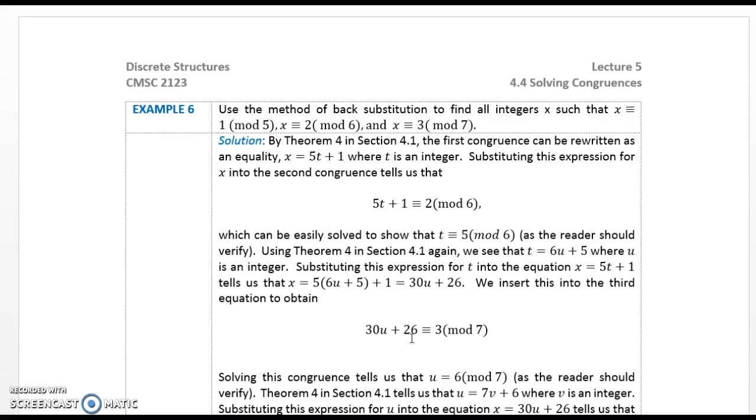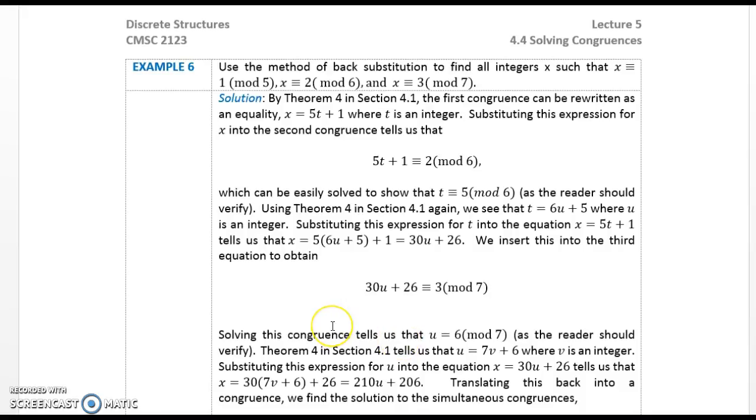X is equal to 5t plus 1, where t is an integer. Substituting this expression into the second congruence tells us that 5t plus 1 is congruent to 2 mod 6, which can easily be solved to show that t is congruent to 5 mod 6, as the reader should verify.